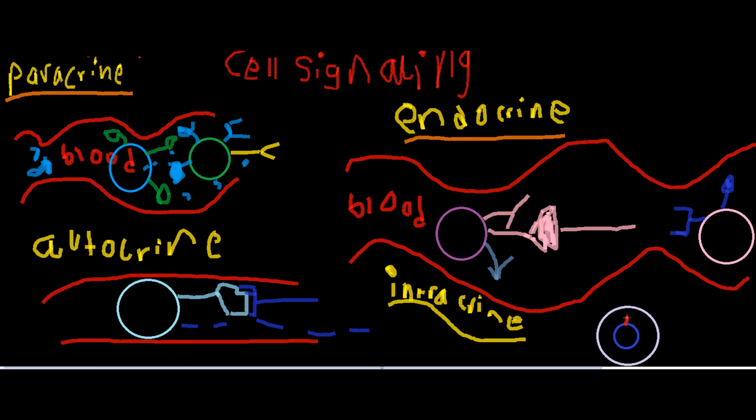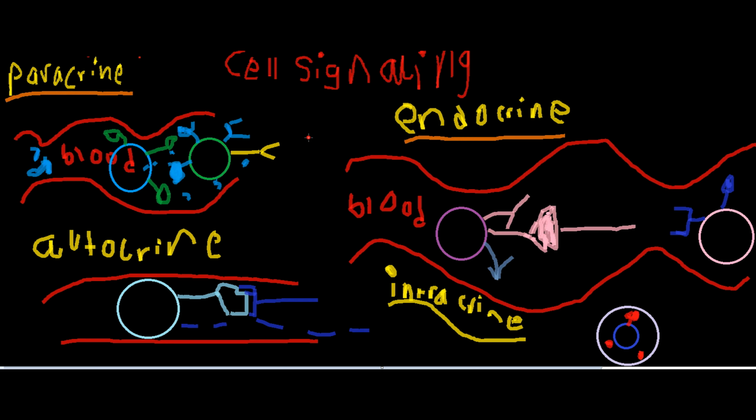So the cell inside is also producing hormones to regulate intracellular activity. Let's say the hormone happens to bind here. Then that'll regulate the activity inside of the cell.